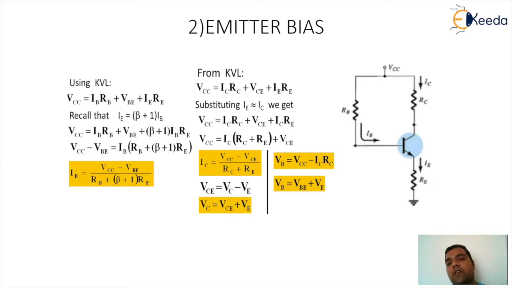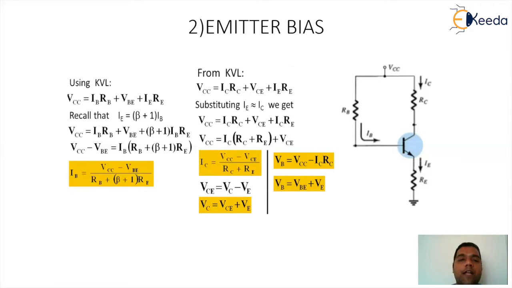Now we go for KVL to the output loop. We have VCC minus IC RC minus VCE minus IE RE equal to 0. When you shift all the negative terms to the other side, you get VCC equal to IC RC plus VCE plus IE RE.